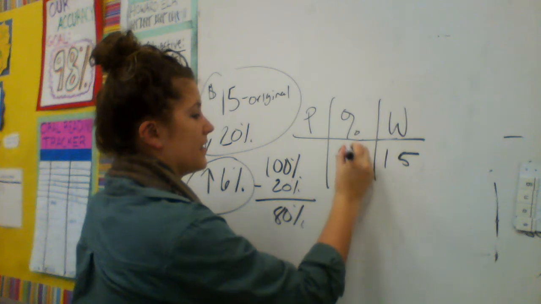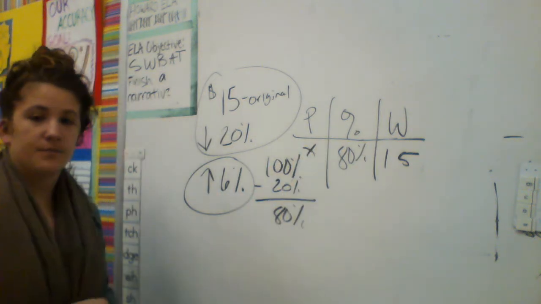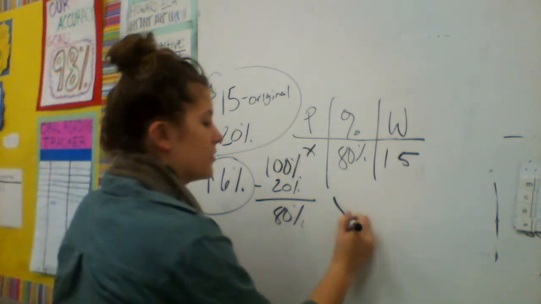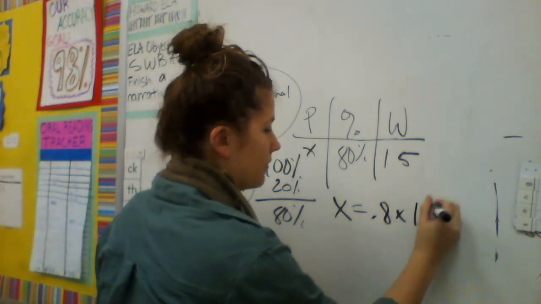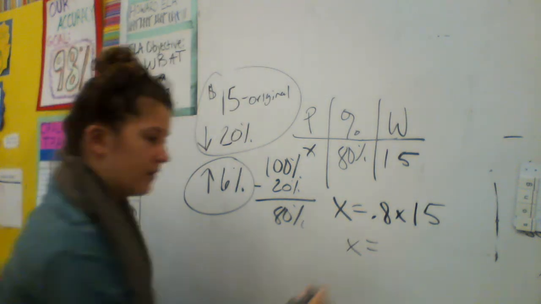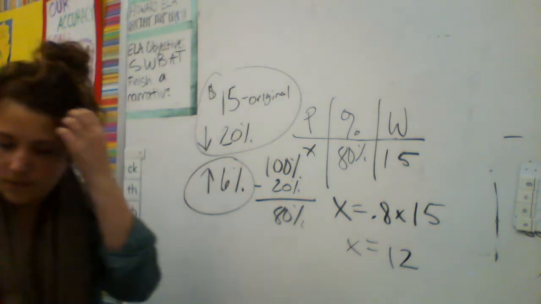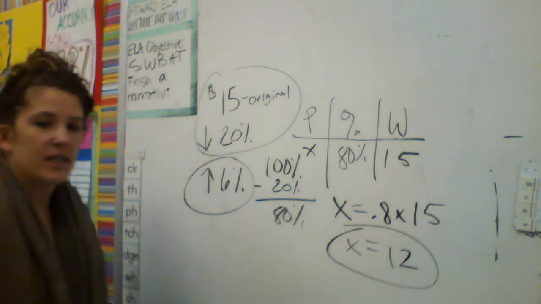So my percent is 80 because I took 20% off, and I don't know my part. My equation is part equals percent as a decimal times whole. 80% of $15 is $12. The hat is going to cost $12 when she gets 20% off.